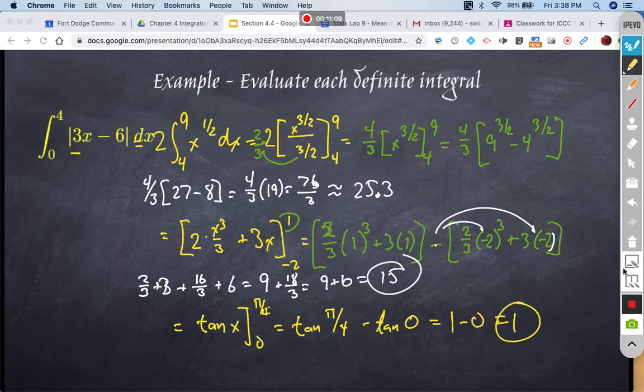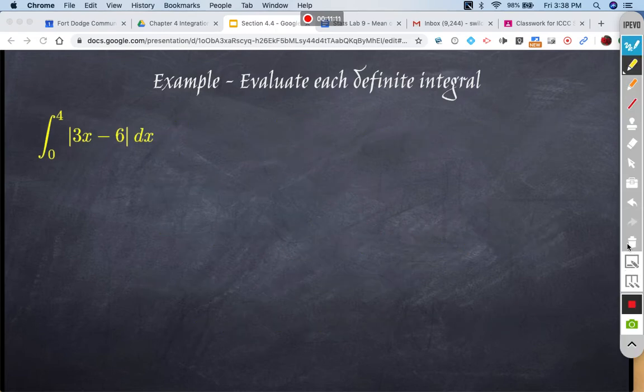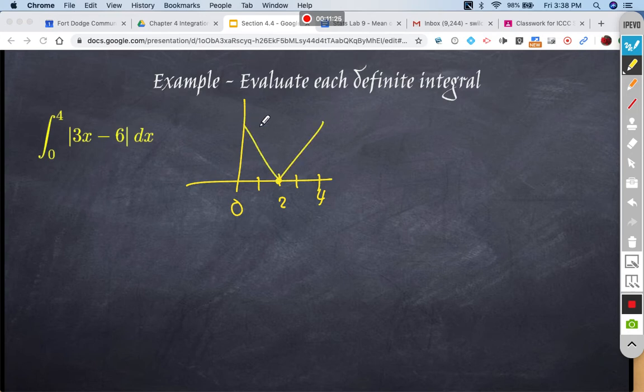Whoops, let's clear this off. So if we think about this graph, at 2, it's going to be here at 0. And then it's going like this. This definite integral again gives us the area under the curve, which is this area and this area.